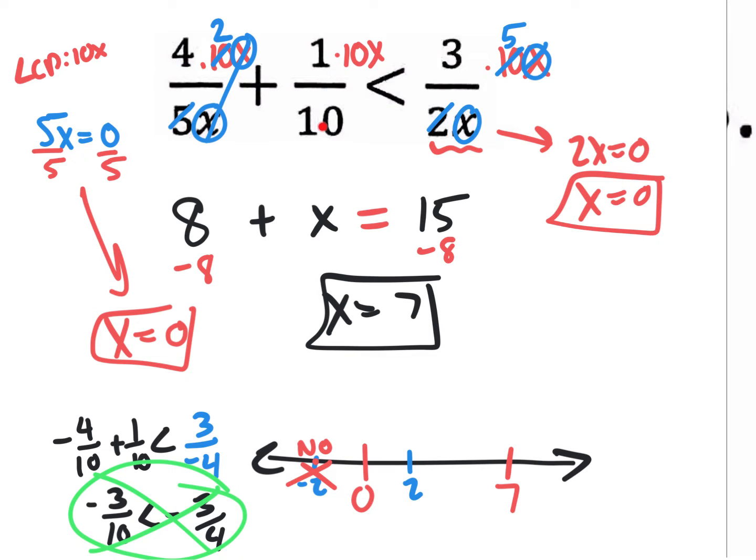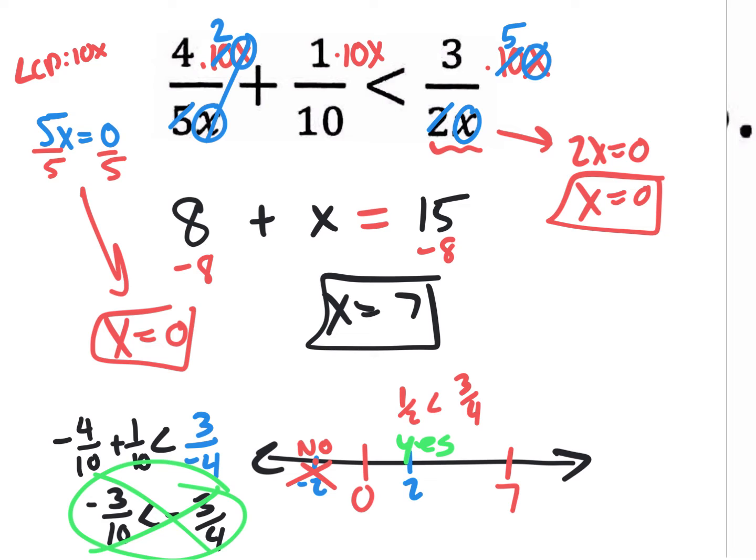So I really have 1/2 less than 3 over 2 times 2, which is 3/4. So 1/2 is less than 3/4. Is 1/2 less than 3/4? Yes, it is. So this guy is a yes. It works. The number 2 works.